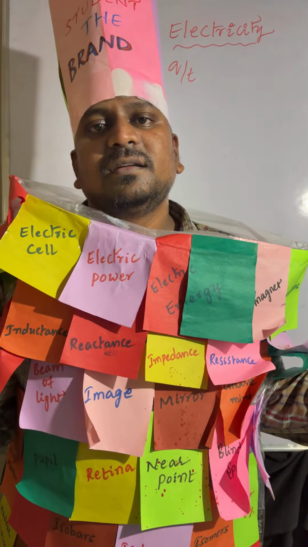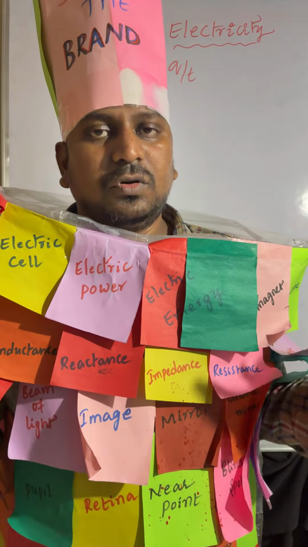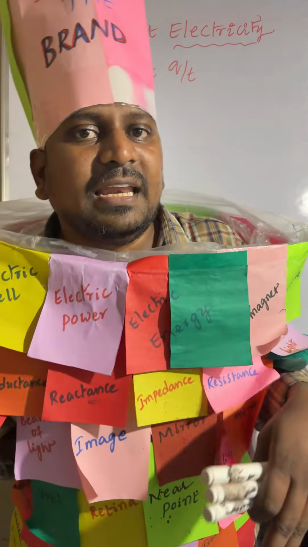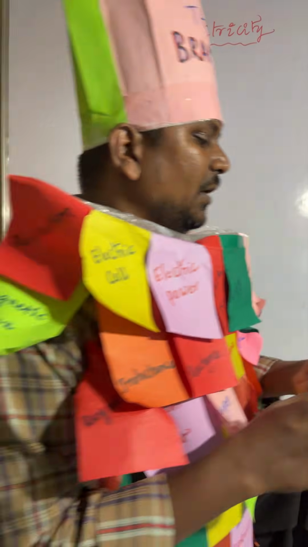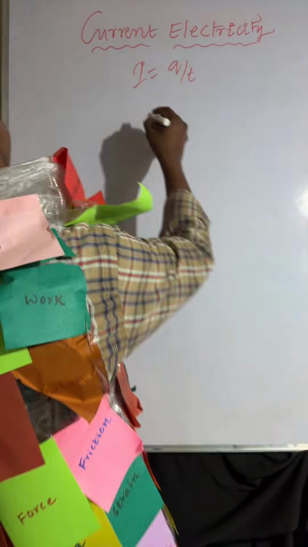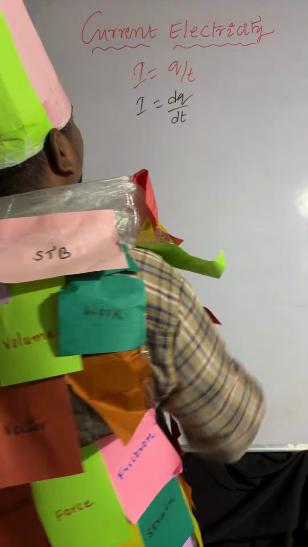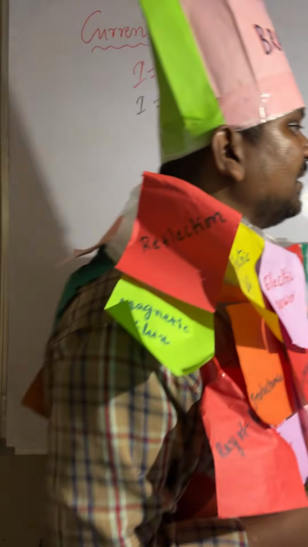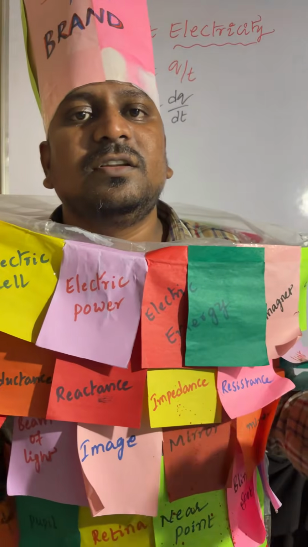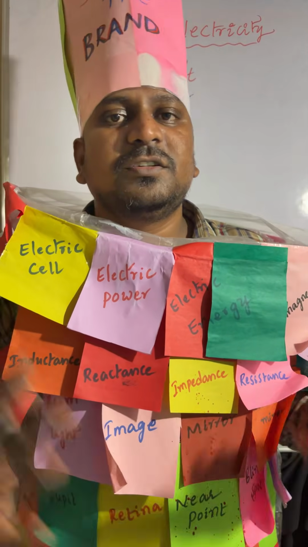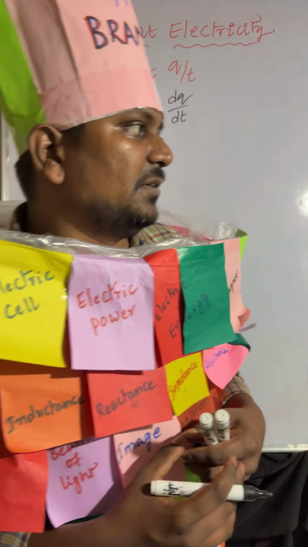I equal to Q by T, I equal to dQ by dt. So dQ by dt is the instantaneous current, the current at a particular instant.